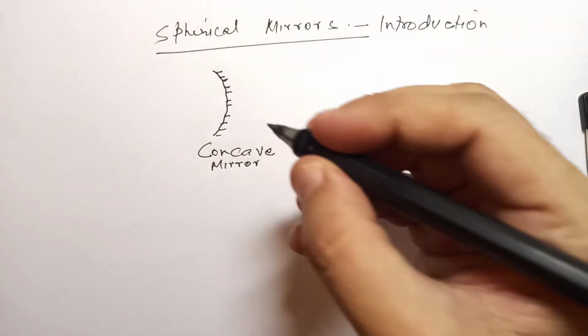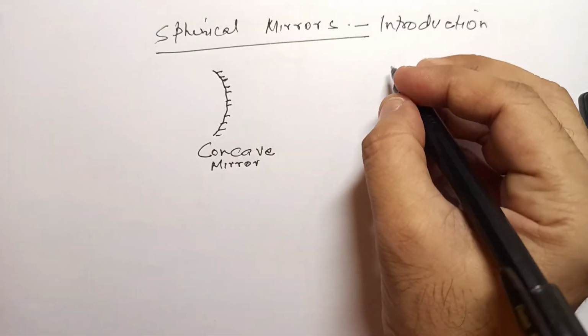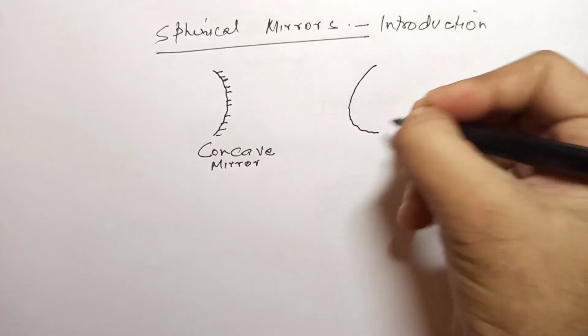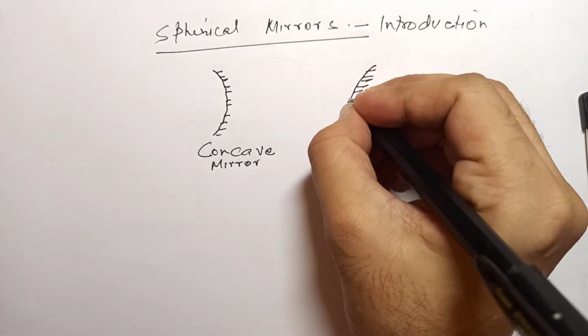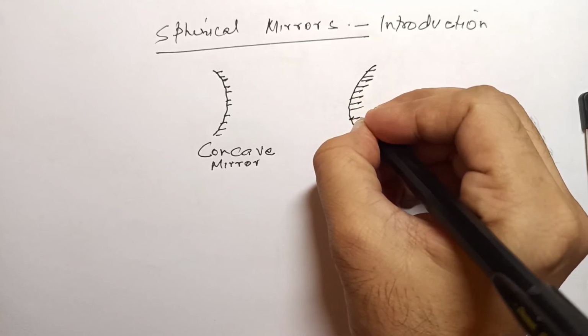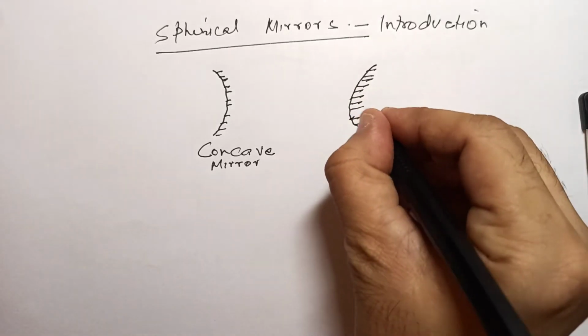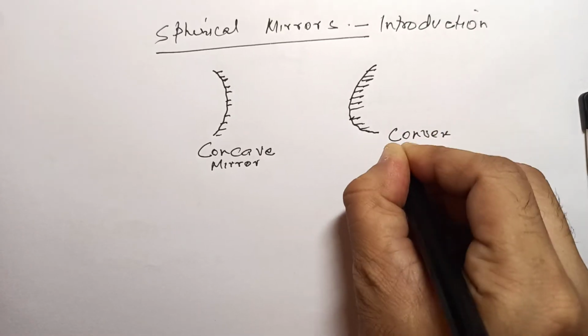Now convex is nothing but when you just draw like this and paint the inner area. So this is a convex mirror.